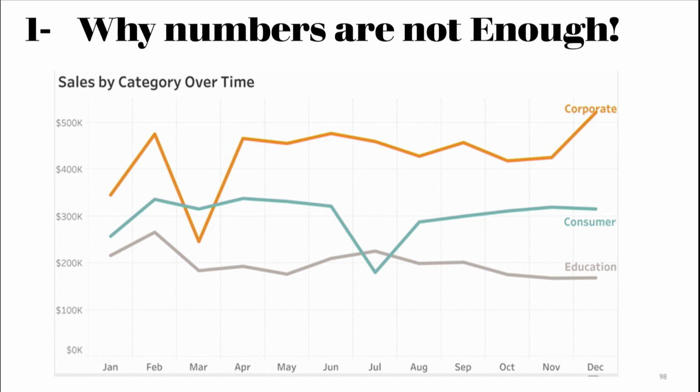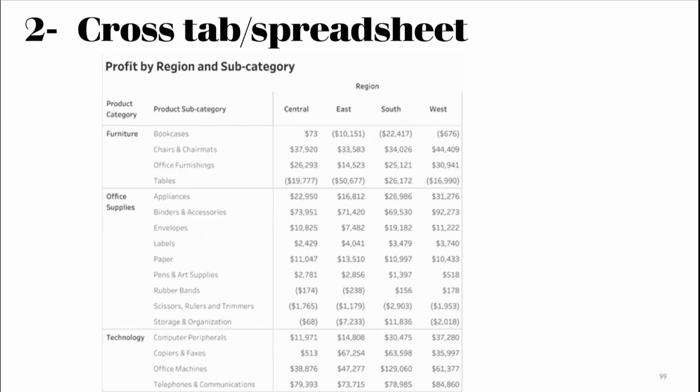You can see immediately from here that corporate sales had a big dip in March, and then you see the education actually moved from 3rd place to 2nd place in July. So this is how easily information can be revealed in your presentation.